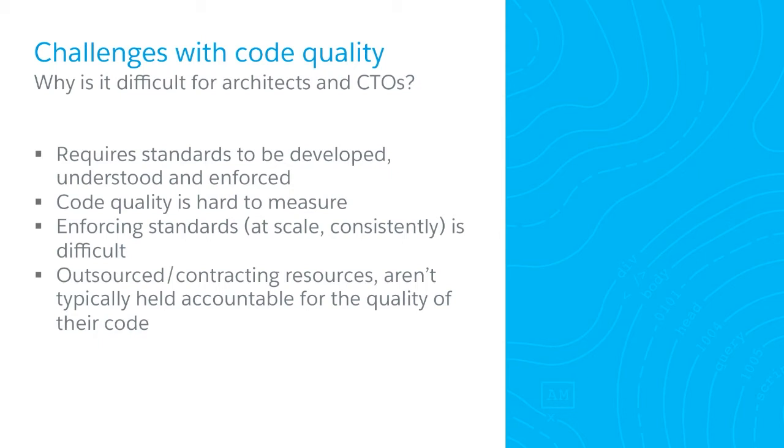As an organization, you need to make sure that everyone understands those standards, and then you have to enforce them throughout, and that is very, very tricky. It's very difficult. Code quality is hard to measure. It's not the same for everyone.